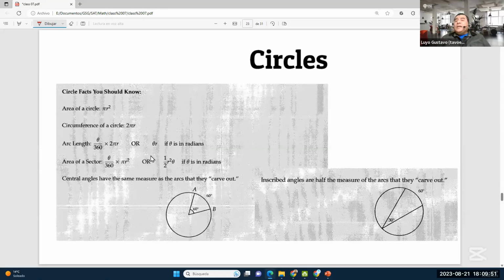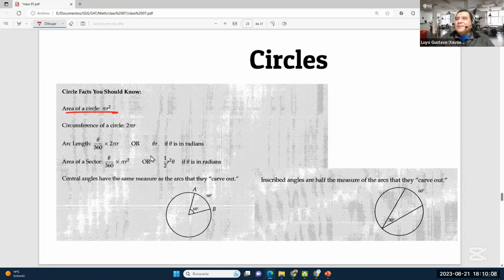With this, we now need to talk about the properties of circles. Well, for circles, it's all about formulas, right? For example, in circles, you have the area of a circle. Needless to say, you know what the elements of a circle are.